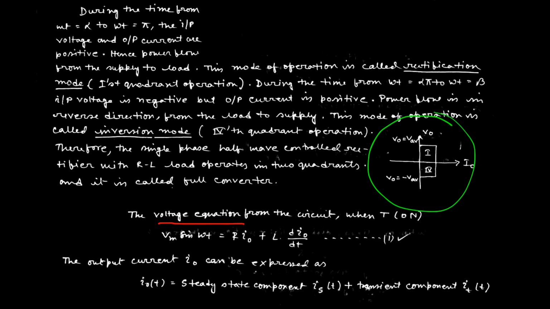We can write the expression Vm sin omega t equals R into i0 plus L into di0/dt.